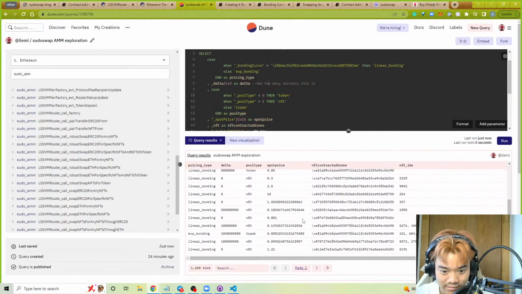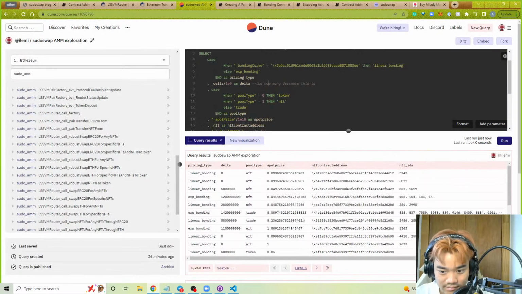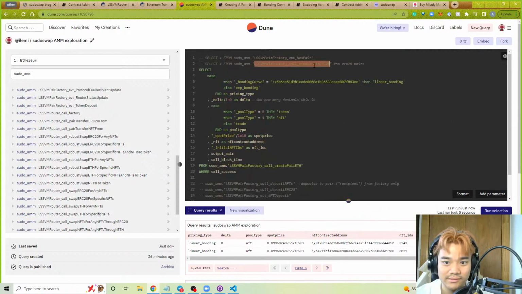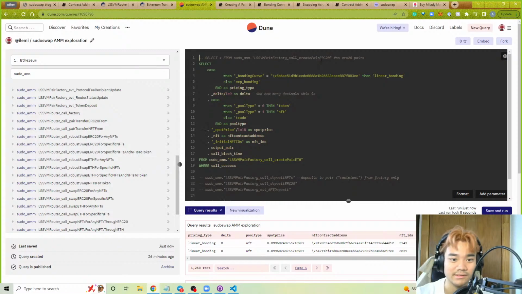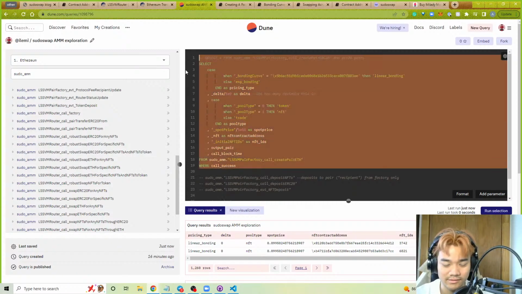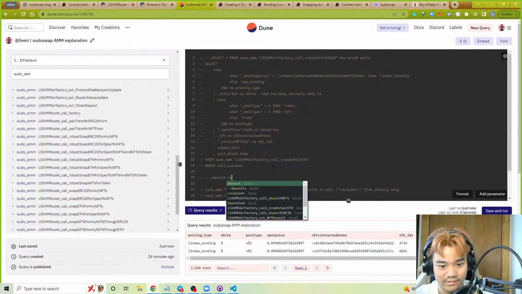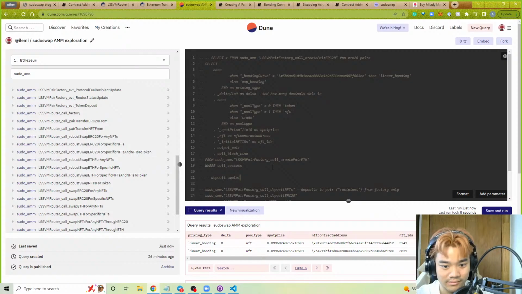So, how do we want to do this? Well, let's look at deposits. So this isn't helpful. This isn't helpful. Let's comment this out. Deposit exploration.